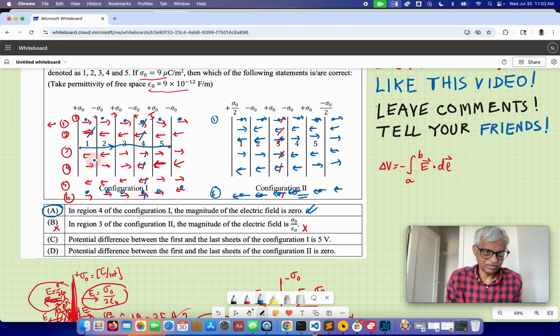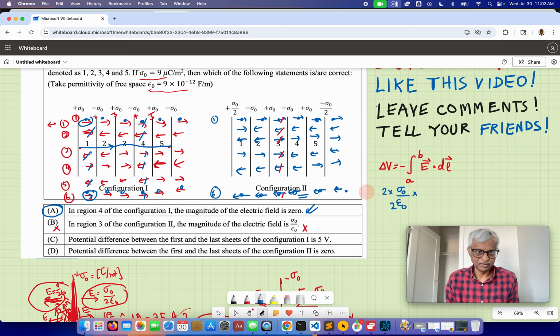This positive cancels this negative, this positive cancels this negative, and there is a positive to the right and a positive here. There are two positives, right? And each electric field is sigma 0 over 2 epsilon naught, and this dl is, let's just call it a little d. So it comes from here to here.